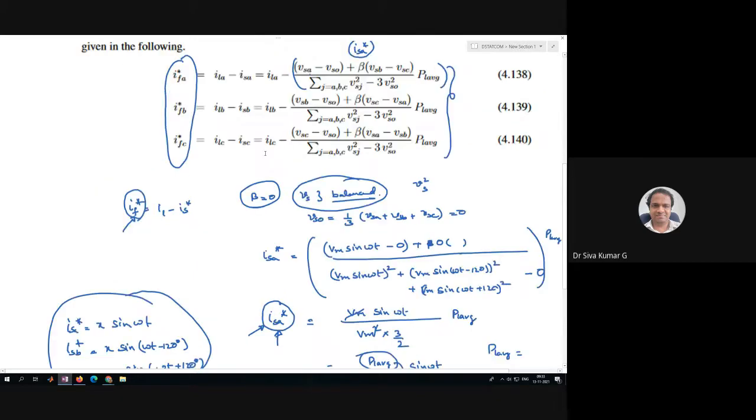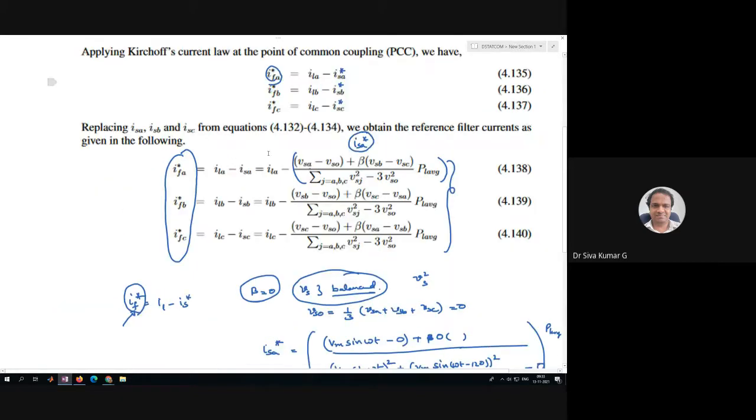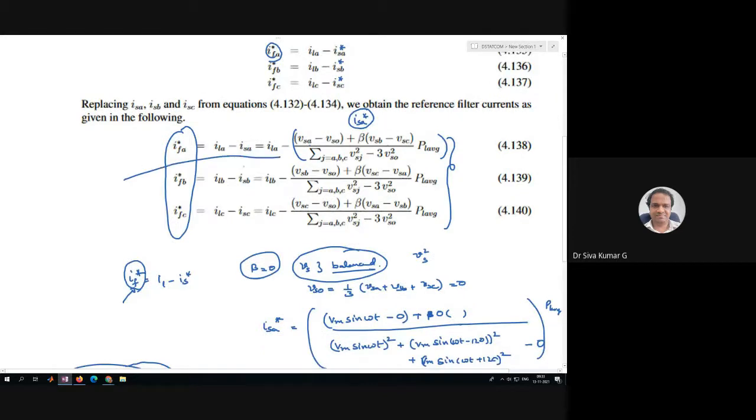Ultimately the expression which has been used is this expression only. For that, we don't require any kind of conversion. When we were deriving this particular expression, we converted it to the symmetrical components. But as such, when you look into equations 138, 139 and 140, we are not converting anything.